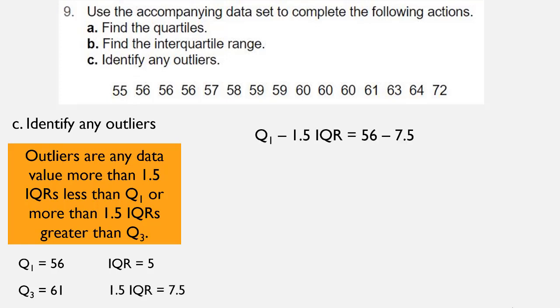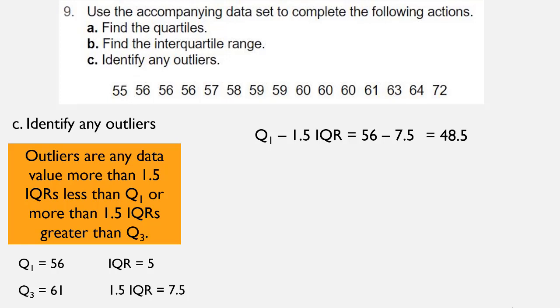So let's start with Q1 minus 1.5 IQRs, and that's 56 minus 7.5, which is 48.5. So any data values here that are less than 48.5 will be considered to be outliers, but there are none, because the lowest data entry was 55.